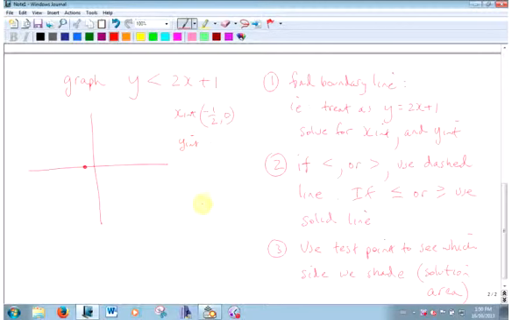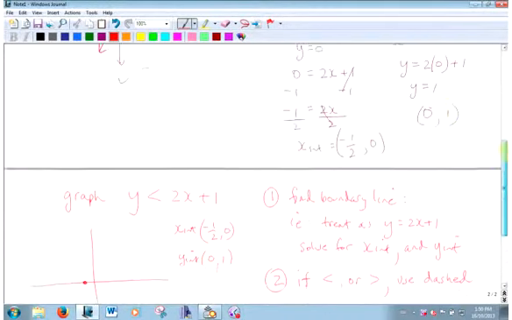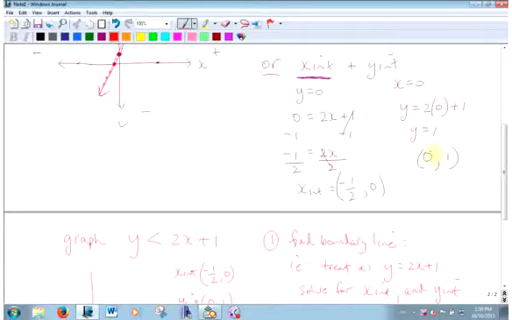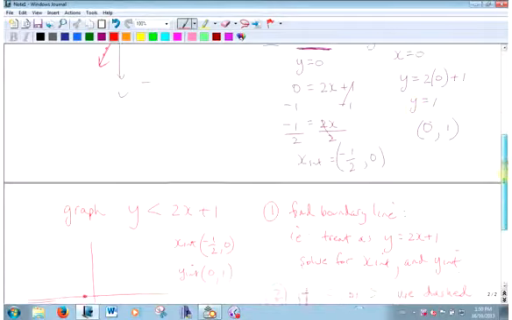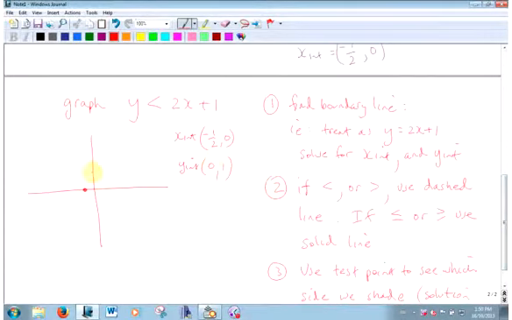What's the y-intercept? Well, this one's in y equals mx plus b form, so it is 0 and 1. Or if you don't see it, you solve for it, okay? Put x is 0, solve it for y. 0 and, if that's 1/2, then that's 1. Make it a little twice as long.